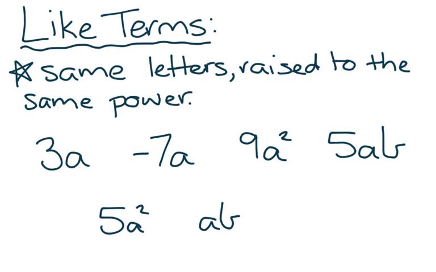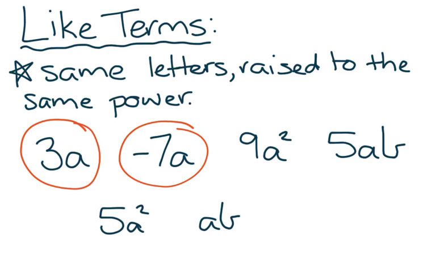So if we look for the first one, 3a. So what we're looking for is another term that just has an a in it. So if we look at that, it's just negative 7a. The rest, like the 9a squared and the 5a squared, don't have a b, but they're not raised to the same power because they have that squared.